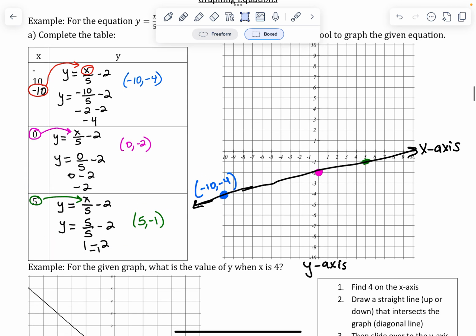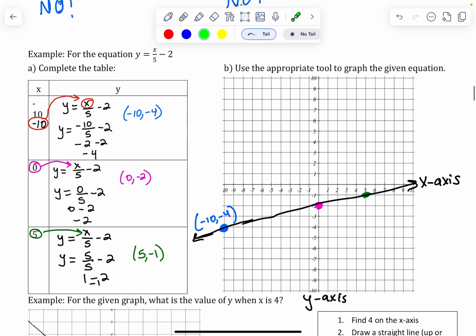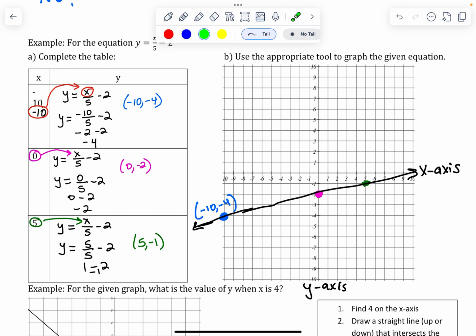Now, a lot of people ask, well, how did we know to plug in negative 10 and 0 and 5? For this particular question, we had 5 in our denominator. Negative 10 is divisible by that 5. 0 divided by 5 is 0. And 5 divided by 5 gives us 1. So that eliminates having to work with fractions.